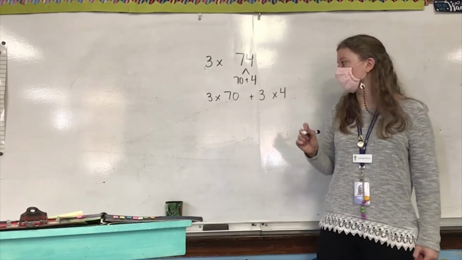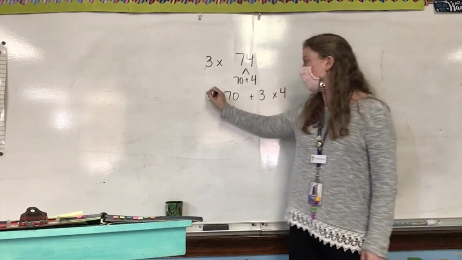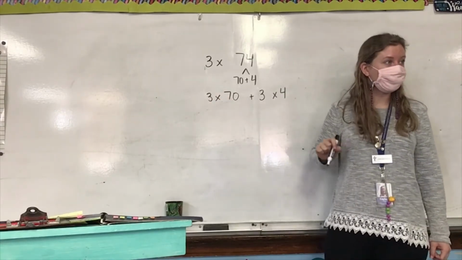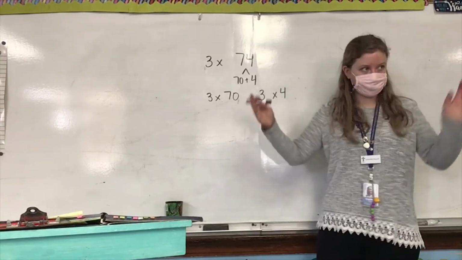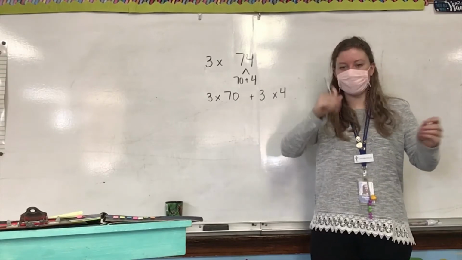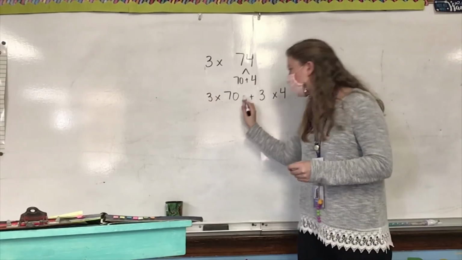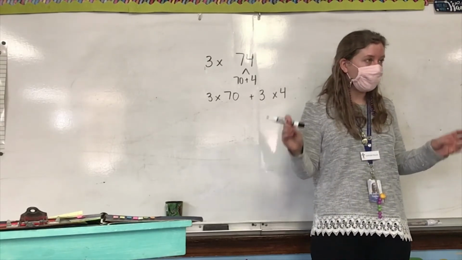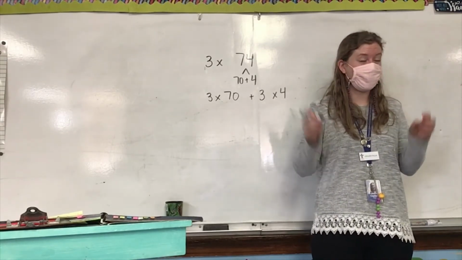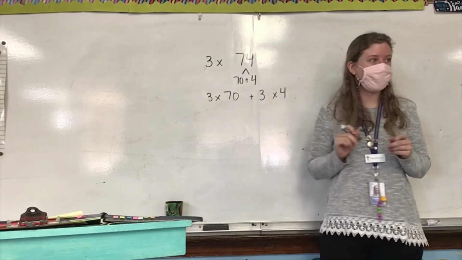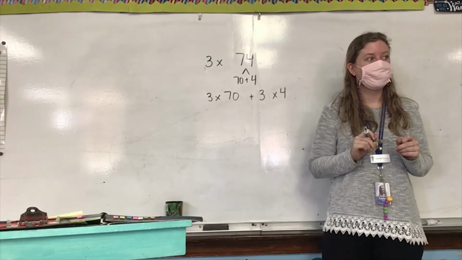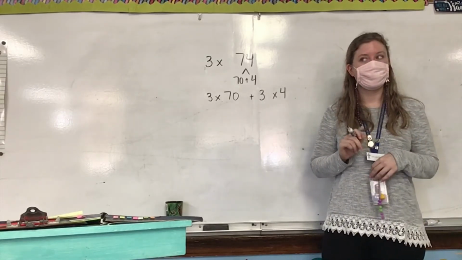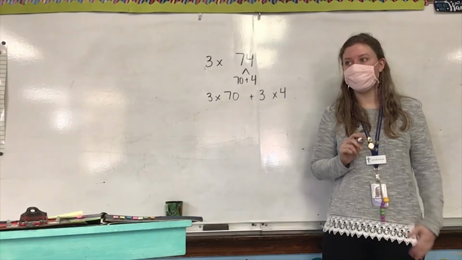3 times 70. So I put it around my what? We don't have to go and say put a parenthesis here, put a parenthesis here. We're past that point. I put the parentheses around which parts of my equation? Victoria? 3 times 70 and 3 times 4.